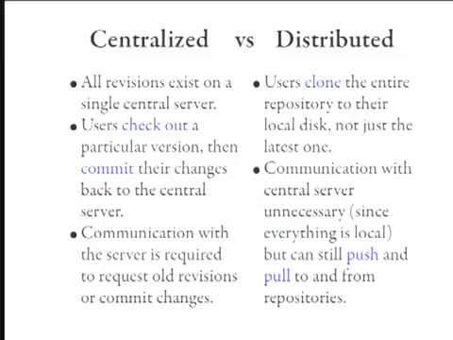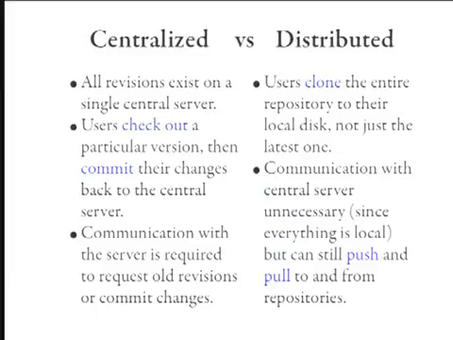And so all that exists on the user's computer is just the current version of things. So what this requires is that you have communication with the central server at all times if you want to be able to commit new changes or pull back other changes that other people have made.